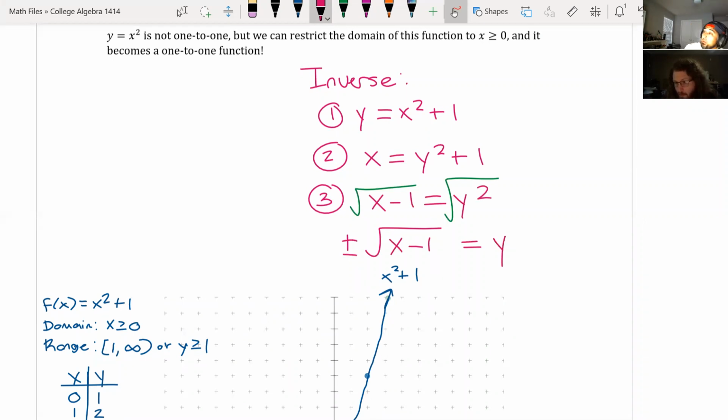All right. But which one do we keep? Do we keep the positive square root or the negative square root? This will all depend on our domain. Look at the domain of the original function. If you're greater than or equal to 0, and if you're greater than or equal to 1, does that mean you have all positive or all negative numbers?